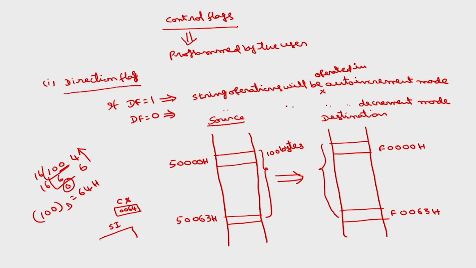As I described in the last class, all the registers are 16-bit registers, but the physical address has 20 bits. So, all these registers will store only the starting 16 bits of that particular address. Here this is 50,000, but the starting 16 bits will be 5,000. So, the source index will have 5,000.